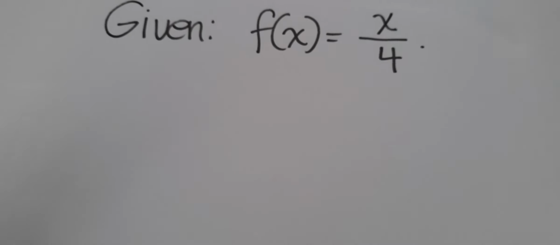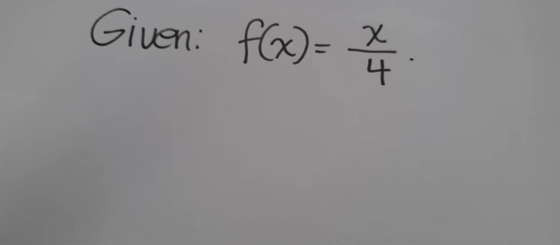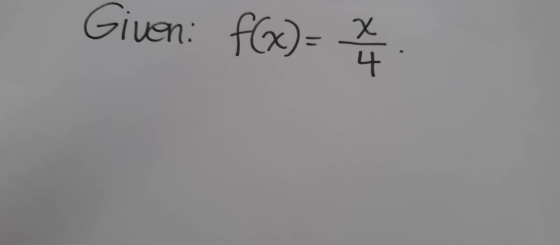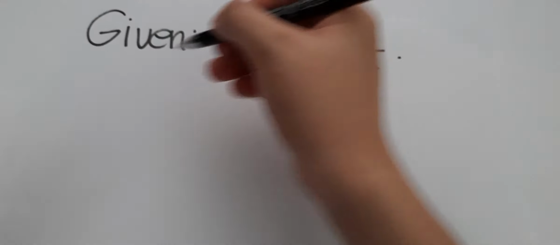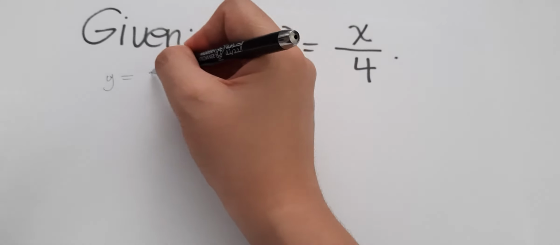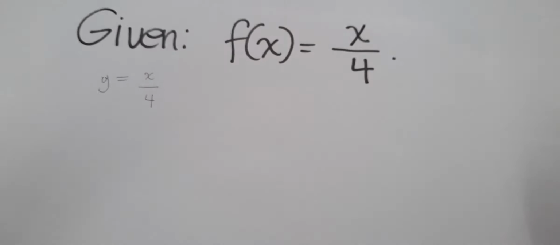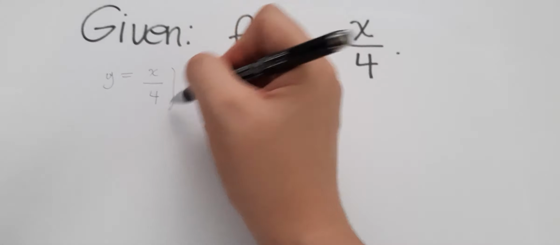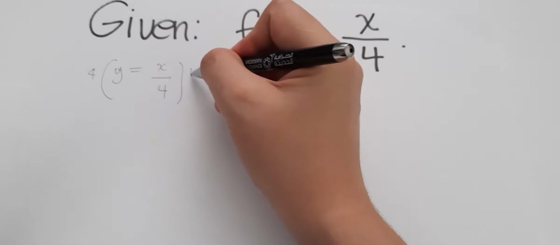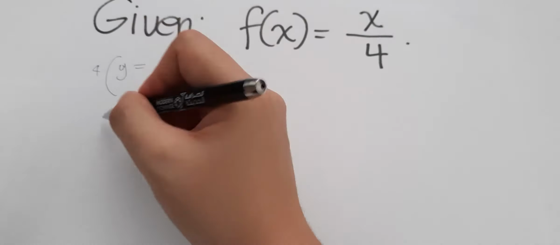Okay, so let's have our last example. Given f of x is x over 4. Again, you make this f of x be y and solve for x. So you remove the 4 by multiplying both sides by 4. So this will be 4 times y, 4y, and so here the 4 will be gone, is equal to x.